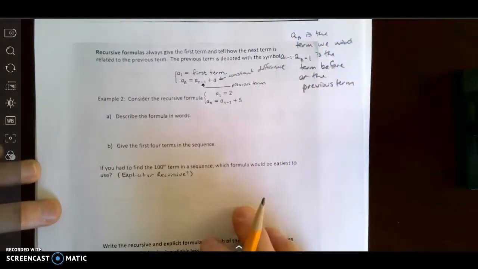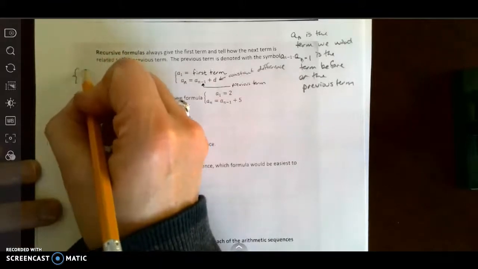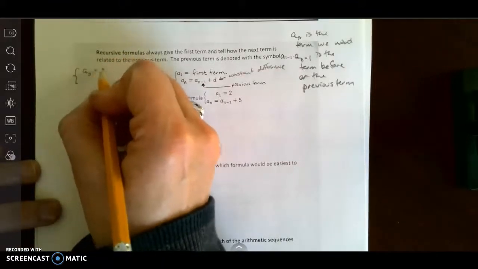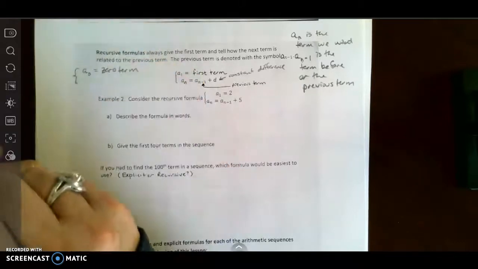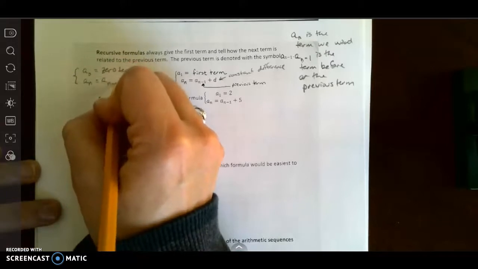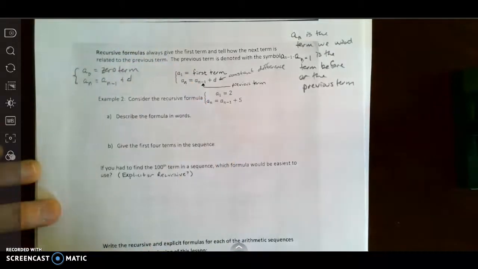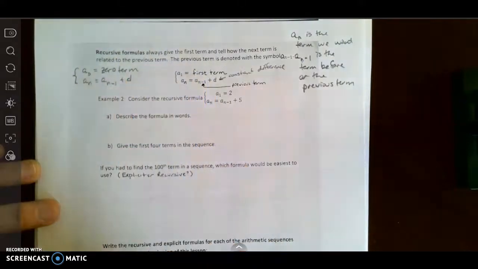Now, there are times where I have seen a recursive formula written as a sub 0 is the 0 term, and a sub n, though, is still the previous term plus d. This is really how it's supposed to be done, but I have seen that happen on occasion.